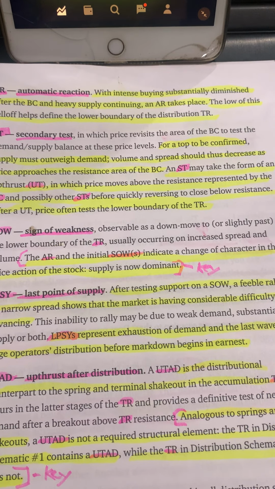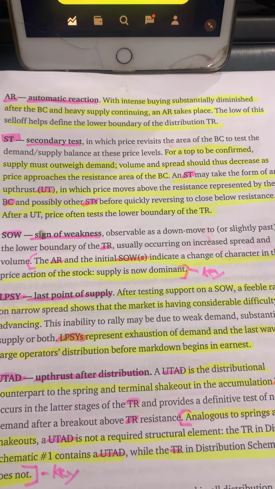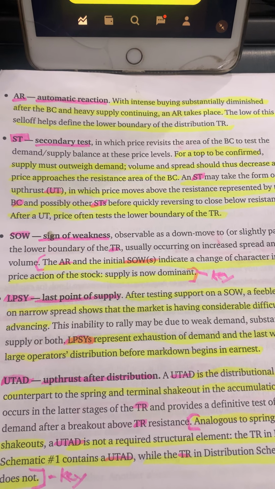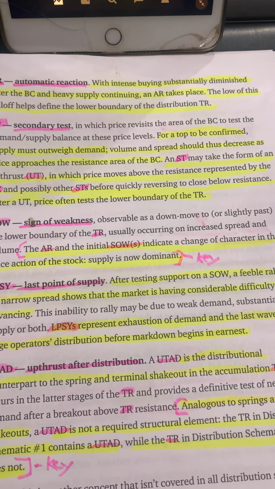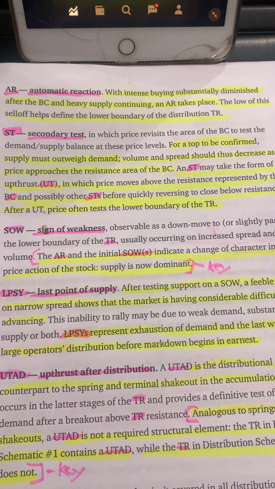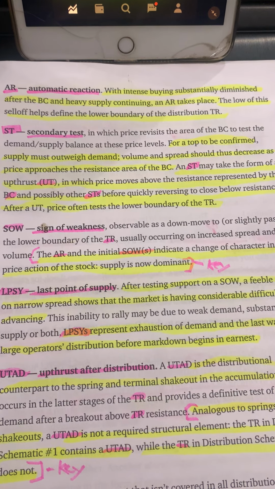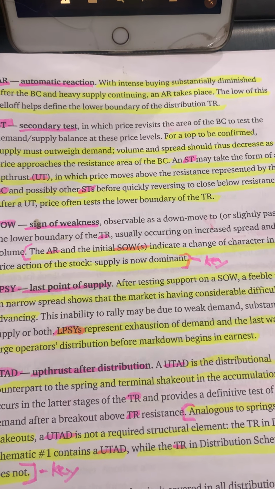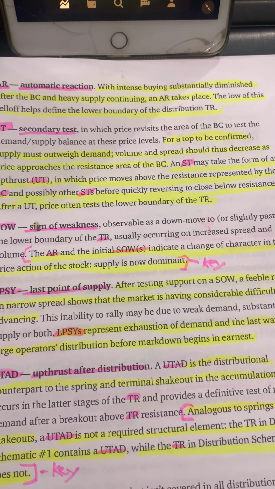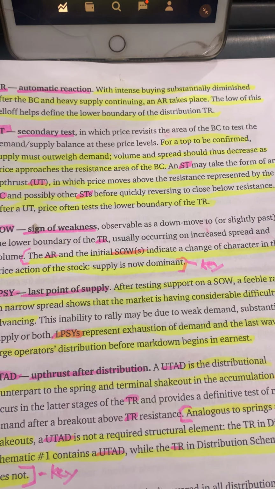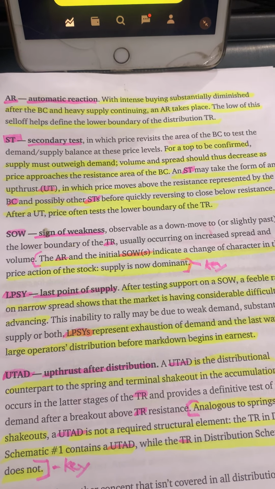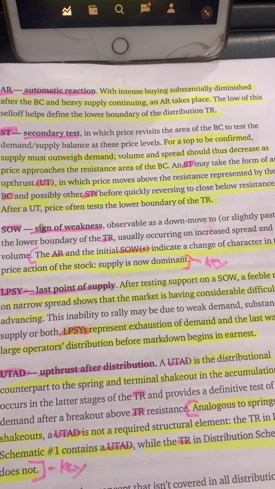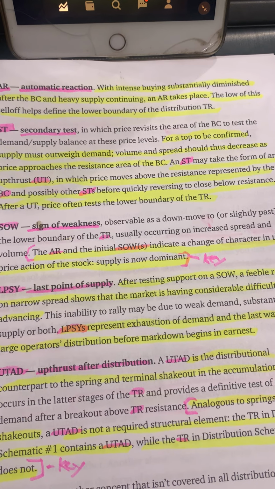So for a top to be confirmed, supply must outweigh demand. For a top to be confirmed, supply must outweigh demand. Volume and spread should thus decrease as the price approaches a resistance area of the BC.